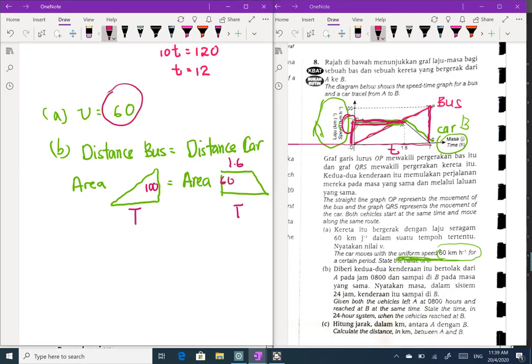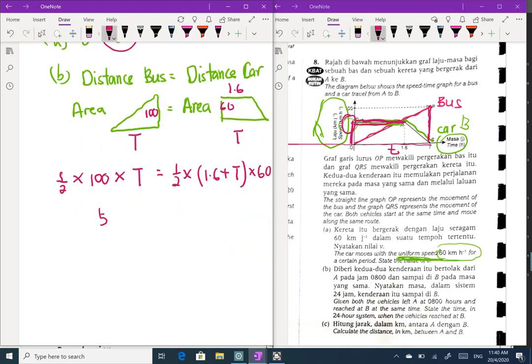So we find 1/2 times 100 times t is equal to 1/2 times the parallel lines, 1.6 plus t, times 60.